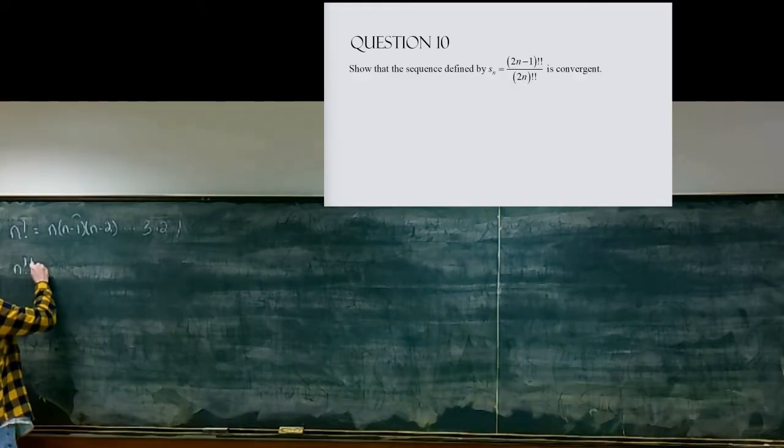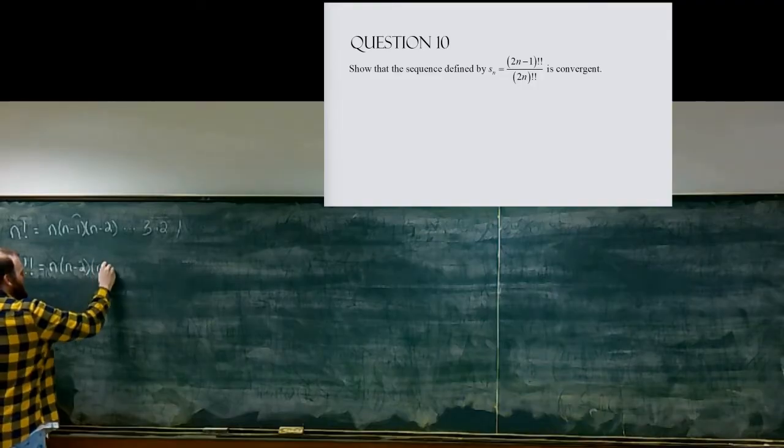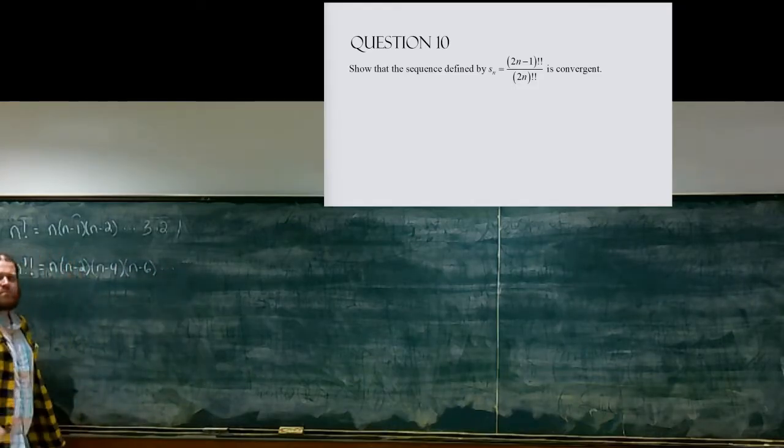It's very similar, except it's every other term. So if you did 5 double factorial, it would be 5 times 3 times 1.